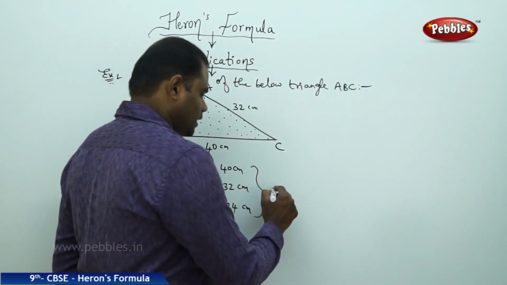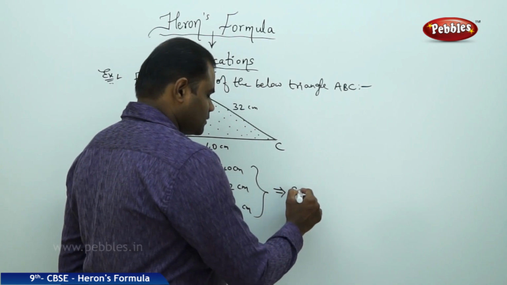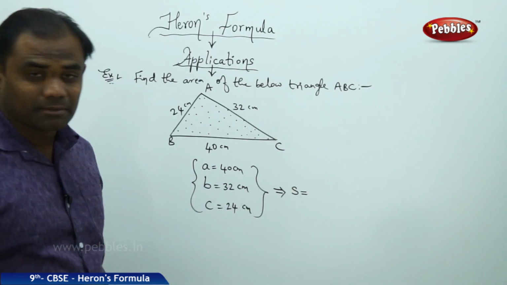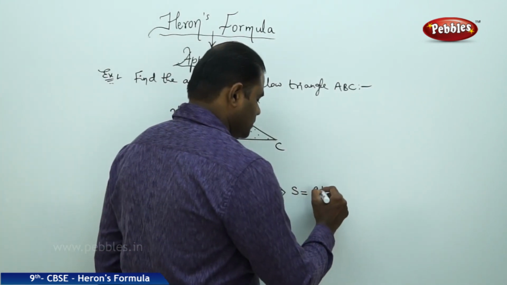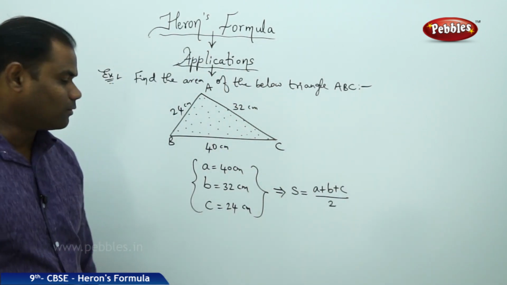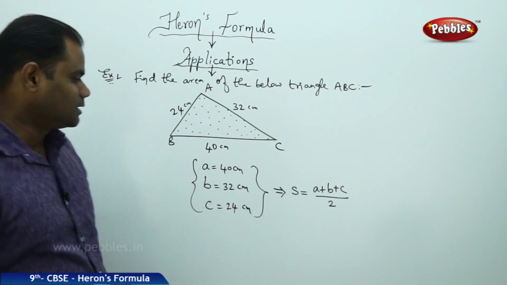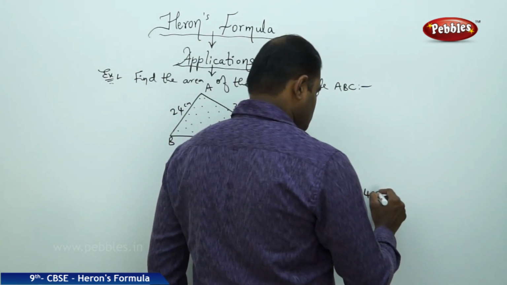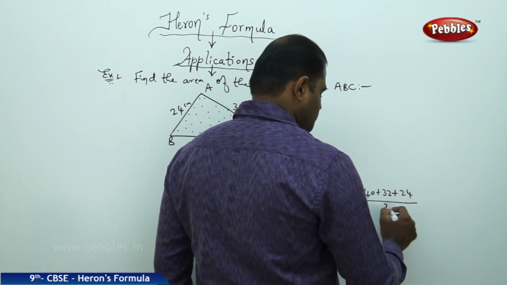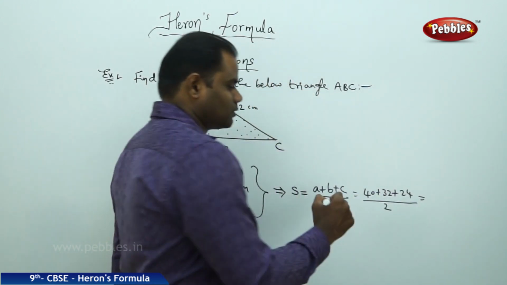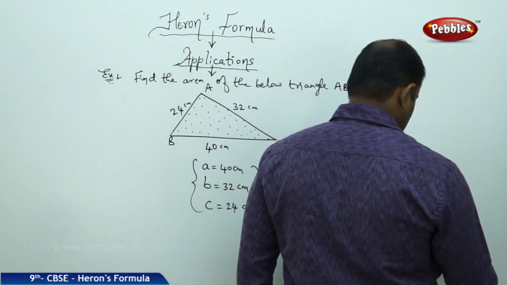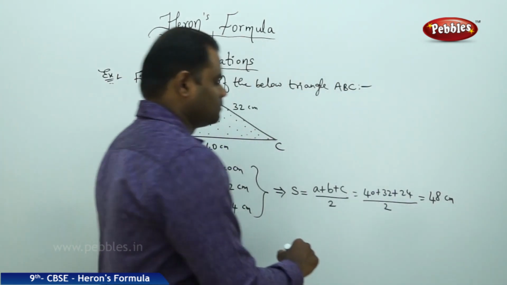That implies when I have all the three sides, I can find the semi-perimeter S. So semi-perimeter S is given by the formula A plus B plus C by 2. Therefore, I have A plus B plus C, that is 40 plus 32 plus 24 by 2, which on further simplification gives us 48 centimeter.